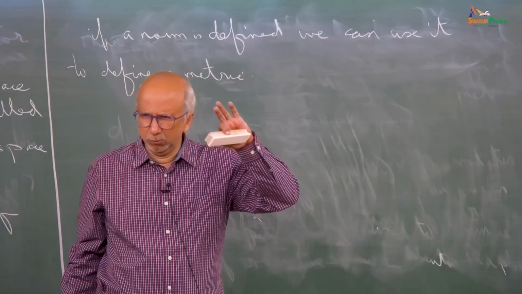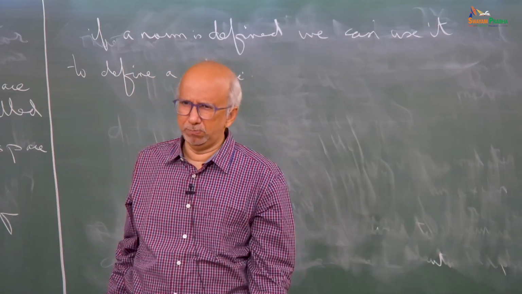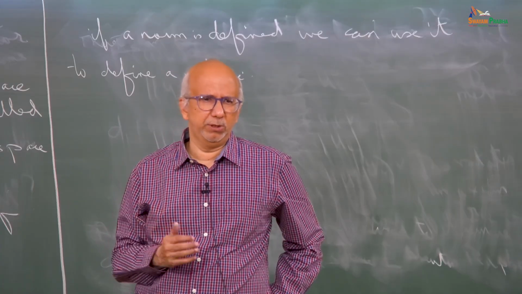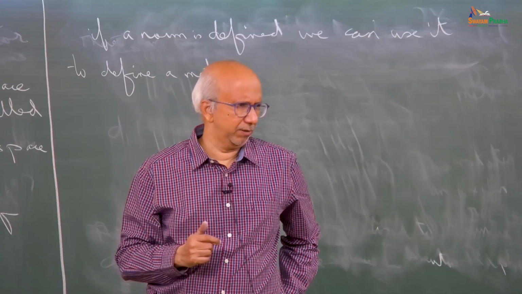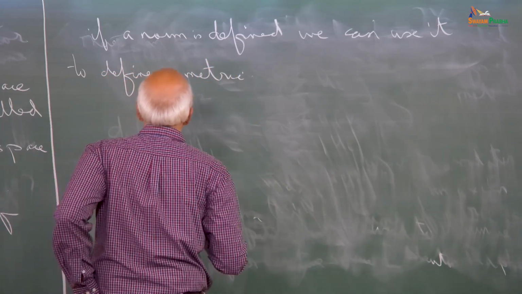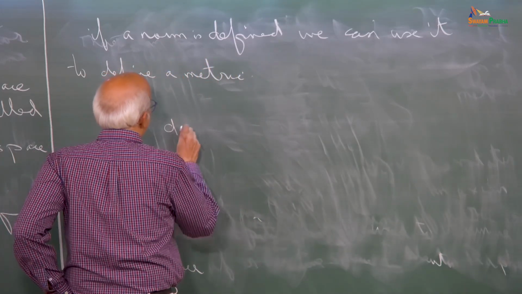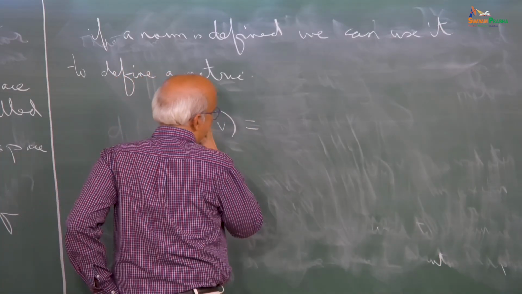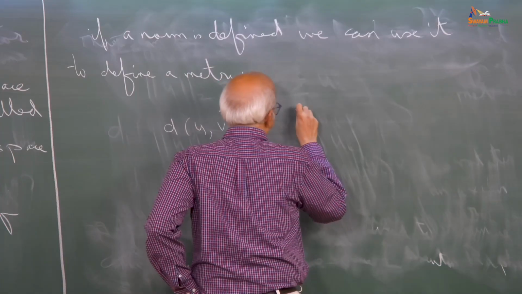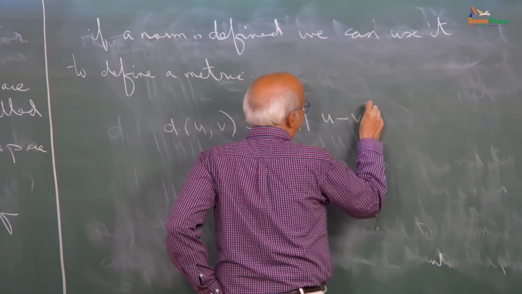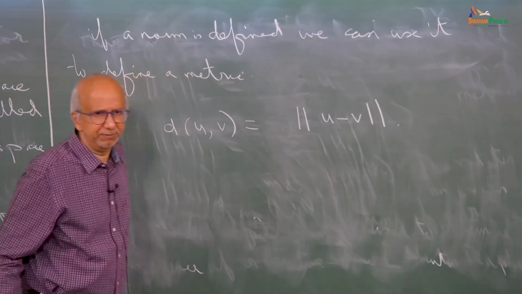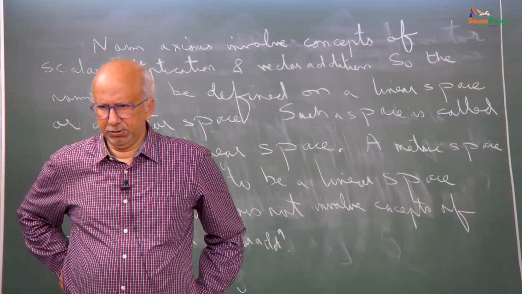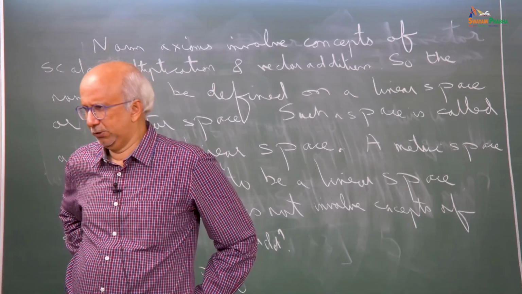I mean, you saw those formulas I wrote down for norm 2, norm 1, norm infinity, and the formulas for D2, D1 and D infinity, they were very similar, right. So, for example, I can say D of u comma v can be written as norm of u minus v for any of the definitions. So, we basically want to find the distance or the metric between two vectors u and v.